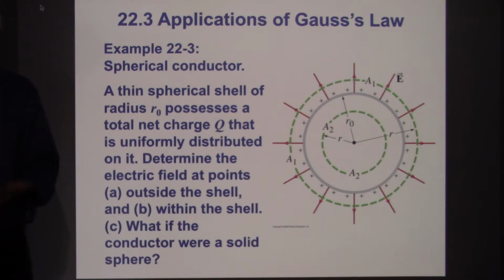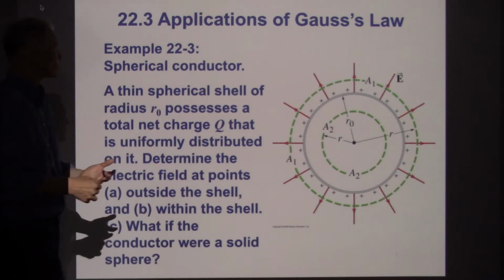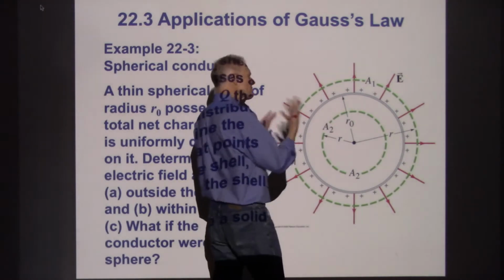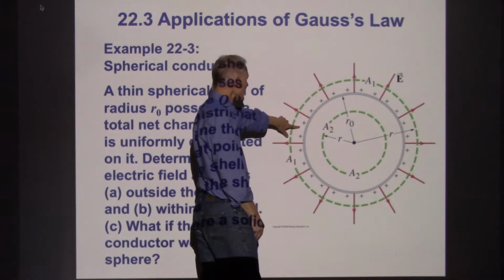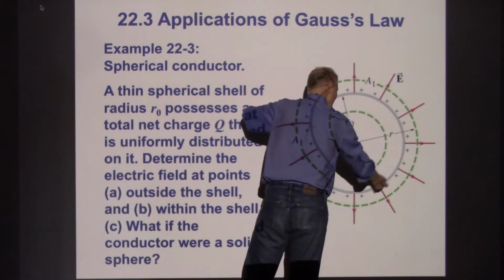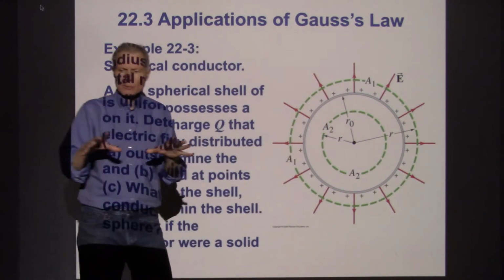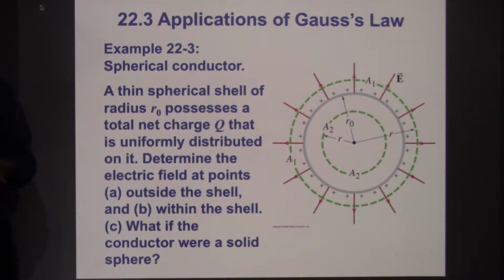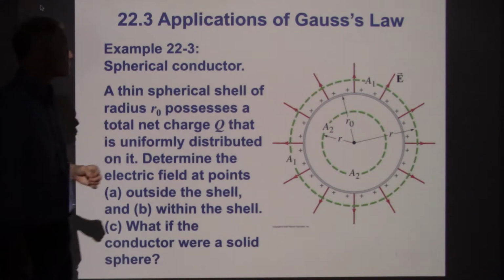But it's able to arrange itself however it wants because it's a conductor. We could just as easily make this out of an insulating material, and then we would have to make sure that we built into that spherical shaped material a uniform amount of positive charge everywhere. In any case, we have a spherical distribution of charge.